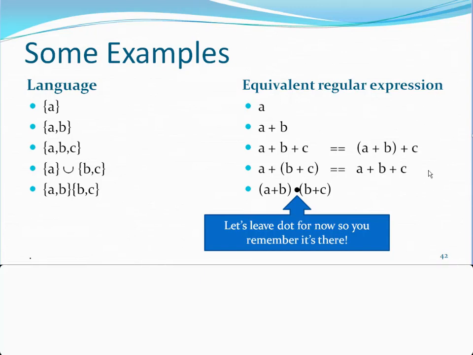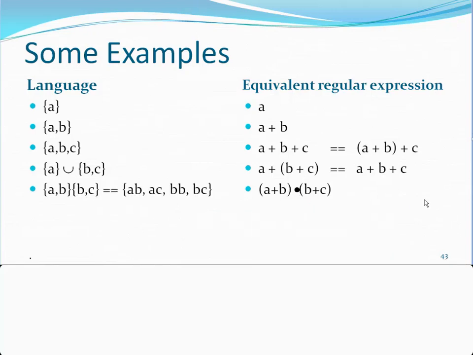Now, the big question that I have for you is, do you actually know what single set this represents? What are the things that are in this set, right? This is this set concatenated with that set, right? And that turns out to take one thing from here and one thing from here, right? So we have A followed by B, or A followed by C, or B followed by B, or B followed by C, right?